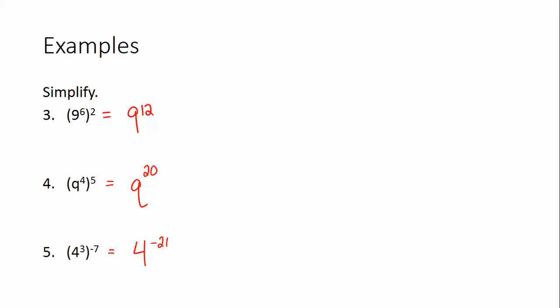Remember how we fix negative exponents. You move it into a denominator and put it under 1 if there's nothing else with it. So this becomes 1 over 4 to the 21st. Again, we aren't going to evaluate 4 to the 21st power because it would be a humongous denominator and actually would make a very small fraction.